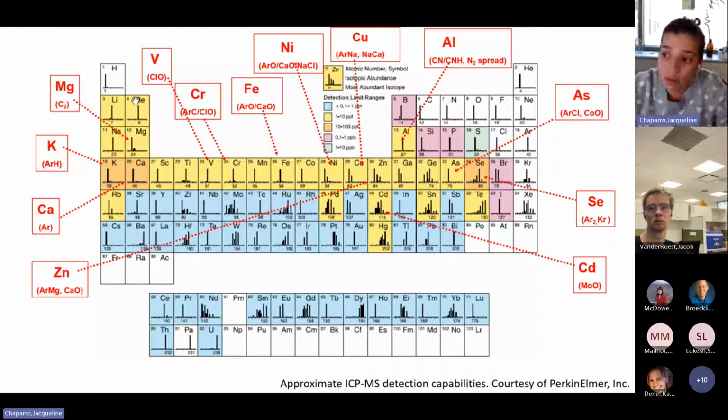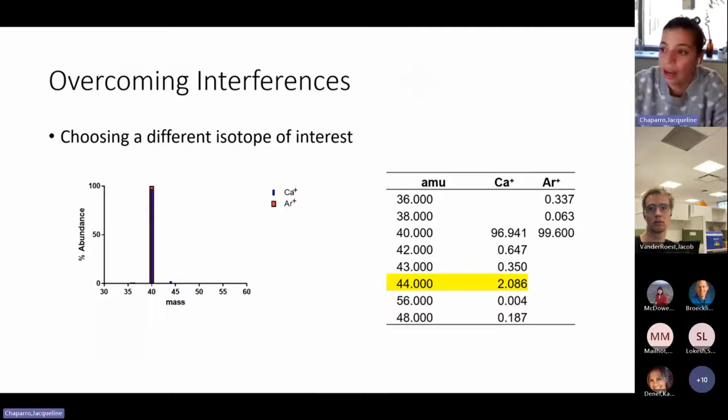So there are several ways that we can overcome these interferences, and I'll be talking about a few of these. So we could essentially choose a different isotope of interest. For example, as in the prior example, I was talking about calcium. The most abundant isotope is calcium at mass 40, but there are also all these different isotopes of calcium present.